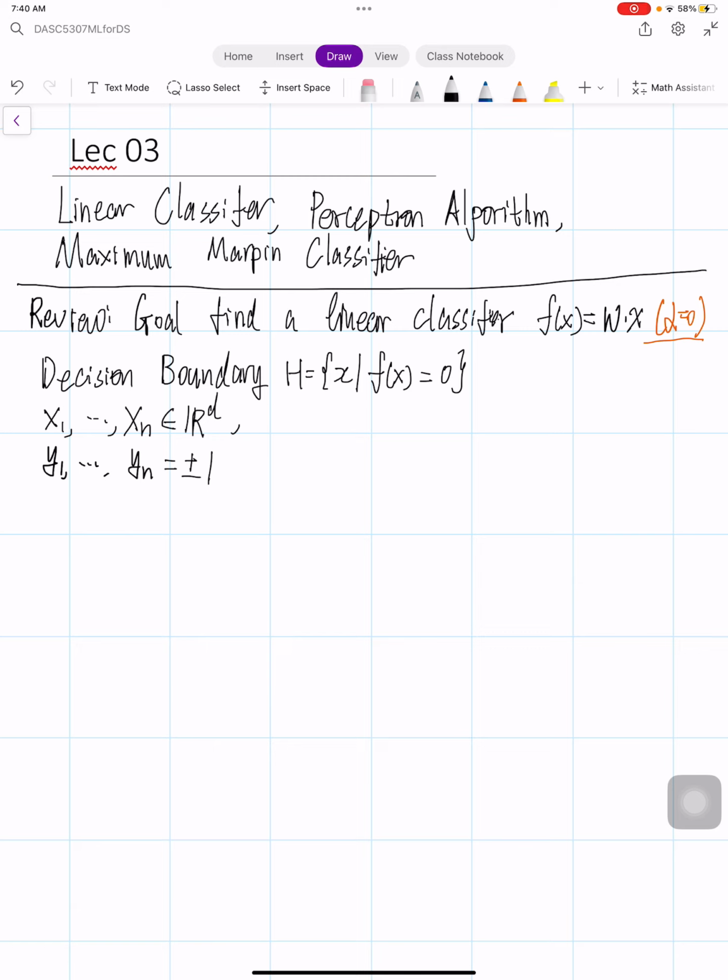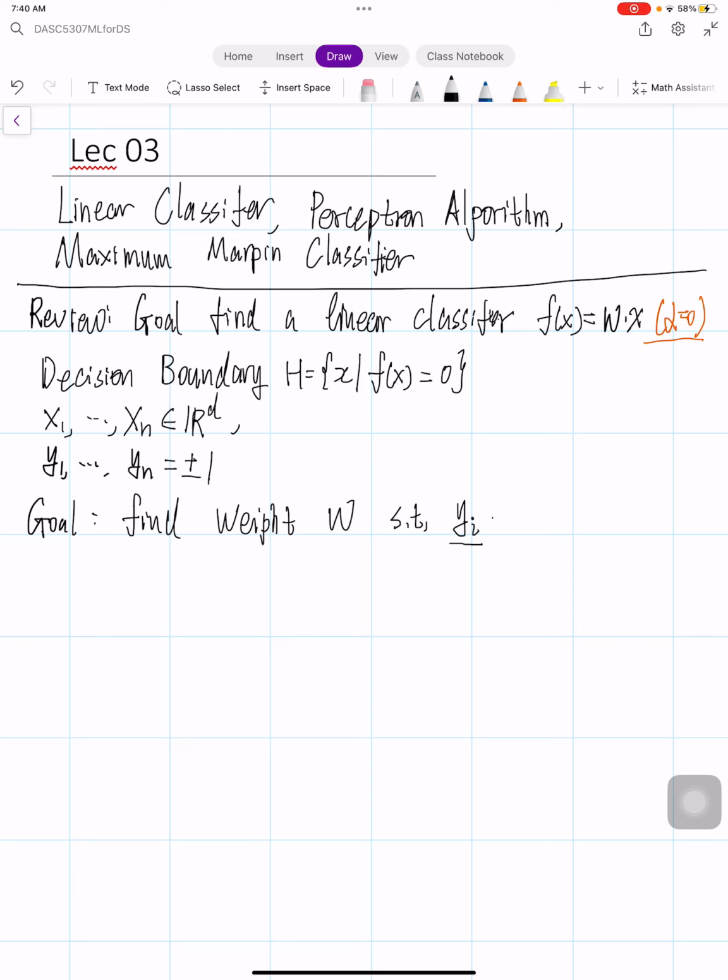So the real goal here is to find the weight that can correctly classify all the points. We want to find the omega vector such that, recall that we summarized our constraint problem to be a single condition, the label has the same sign as our decision function.